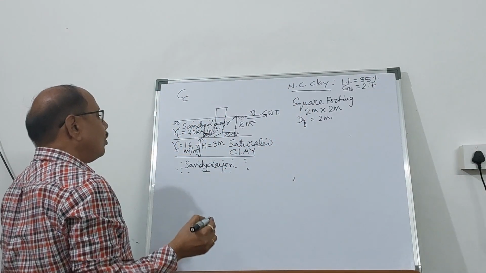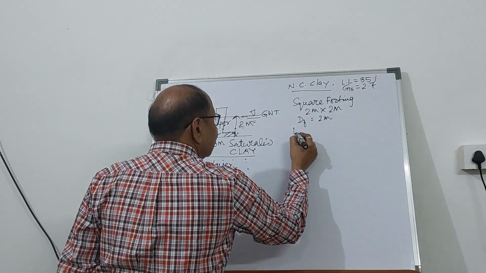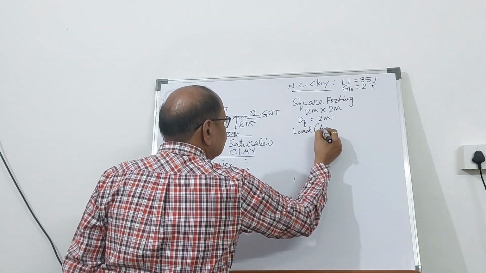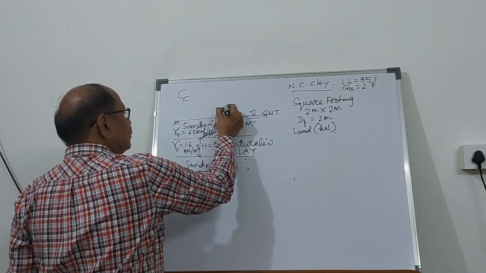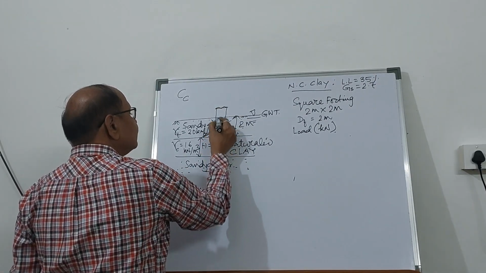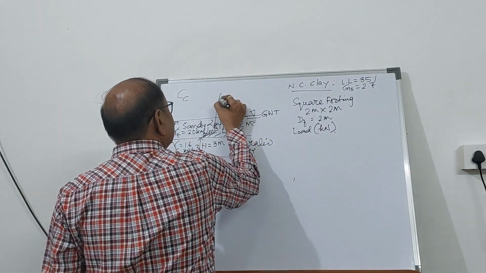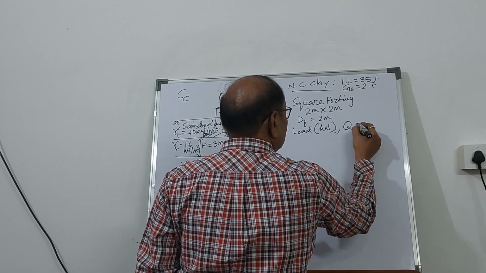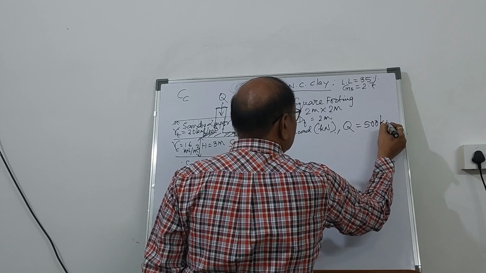So, with these informations, you have a load in kilonewton that is being transferred through the column to this footing, and this load, let's say this is Q, load Q equal to 500 kilonewton.